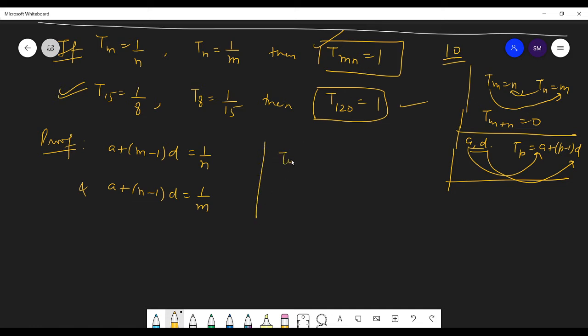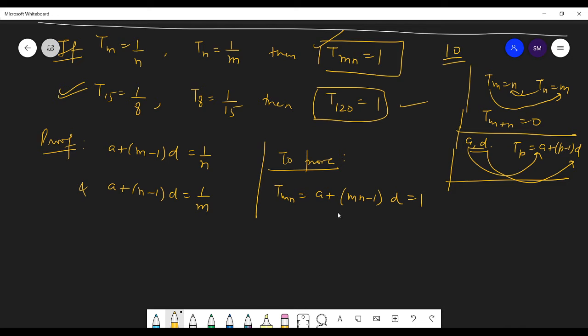So what do you want to prove actually? You need to prove T(mn), that term, which is a plus (mn minus 1) into d, equals 1. Yes, students?